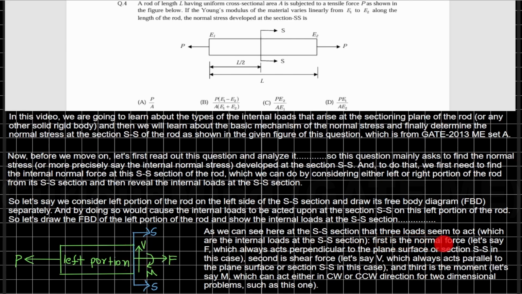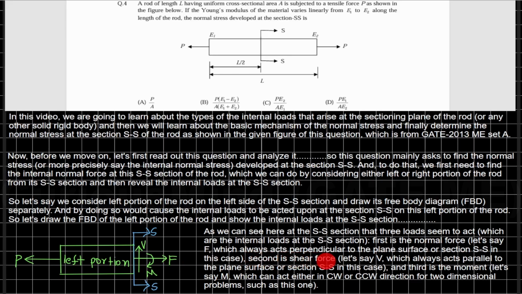First is the normal force, let's say F, which always acts perpendicular to the plane surface or section SS in this case. Right. So the force F acts perpendicular to the section SS and becomes the normal force.